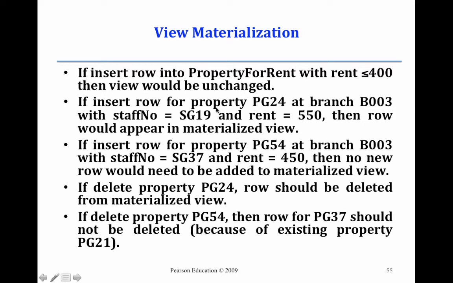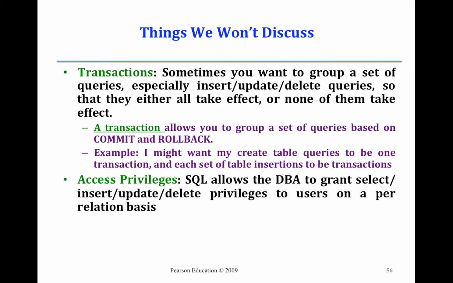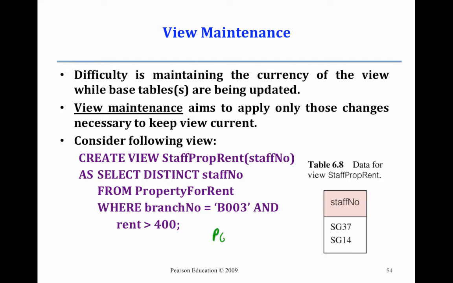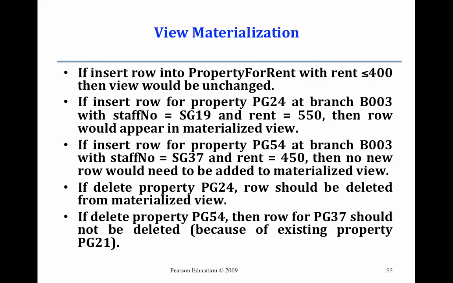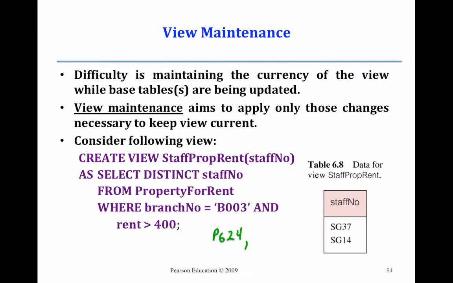Okay, so let's say we insert a row for property PG24 at branch B03. So we're going to insert PG24 for staff number SG19 and a rent of 550. So in this case, what should happen? Should a record for SG19 be inserted into this view?